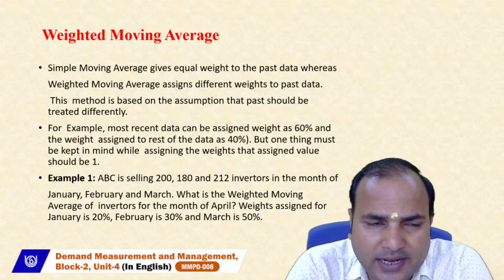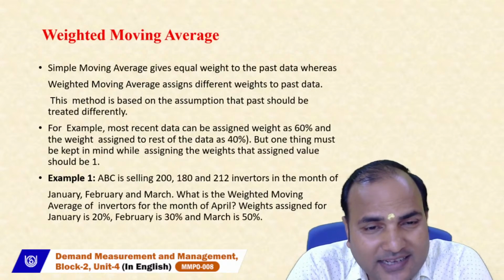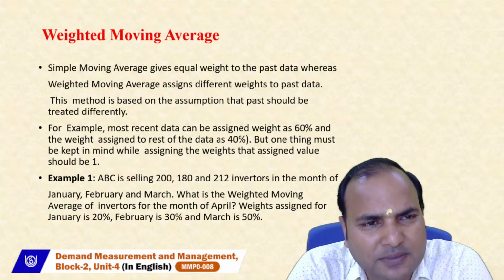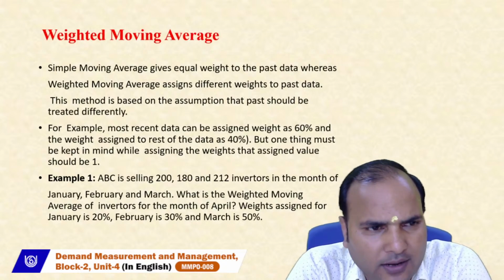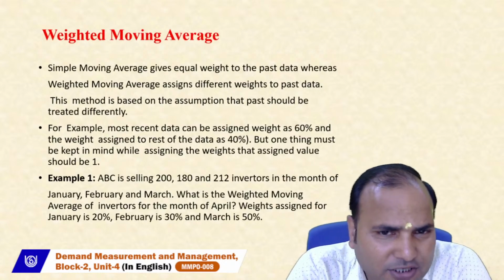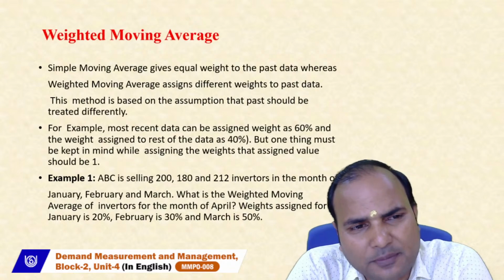Whereas in the weighted moving average, it assigns different weights to the past data. Here it is not like the simple moving average where all are equal. This method is based on the assumption that the past should be treated differently.